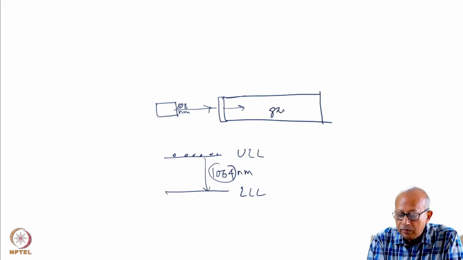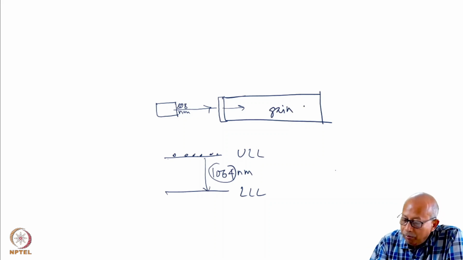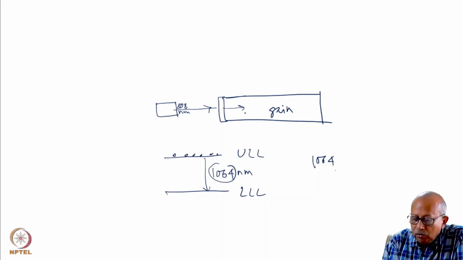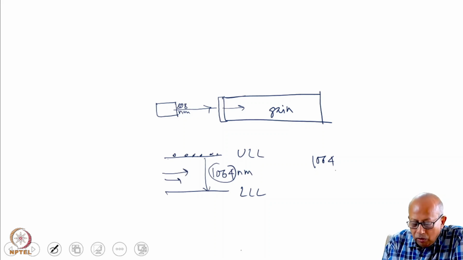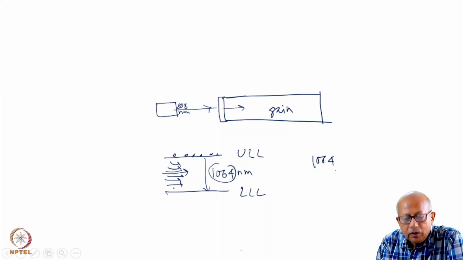You have created gain. Now, if you can shine this medium by a beam of light with photons that has a wavelength 1064 nanometer, then if you can pass those photons through this, they will be amplified. If these 1064 nanometer photons travel through this medium, they will stimulate this and force them to come down, and by virtue of stimulated emission, their number will increase. You know how an amplifier works.